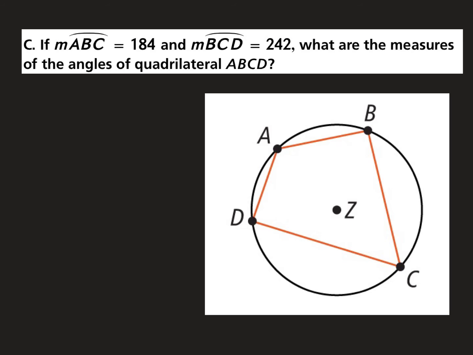So like ABC is 184 degrees. ABC is right here, and that one is 184 degrees. Now, BCD is 242, so let's do a different color. BCD is 242 degrees.